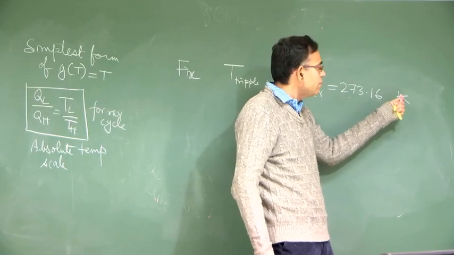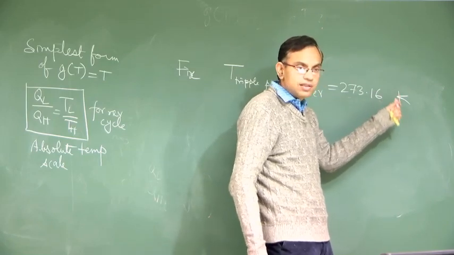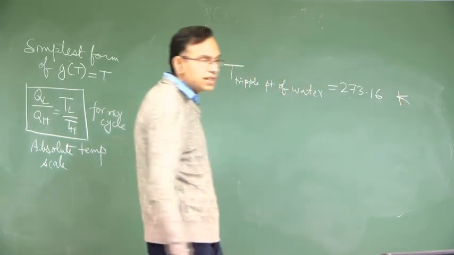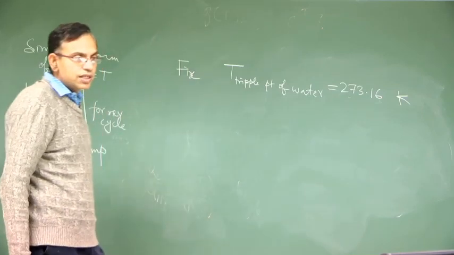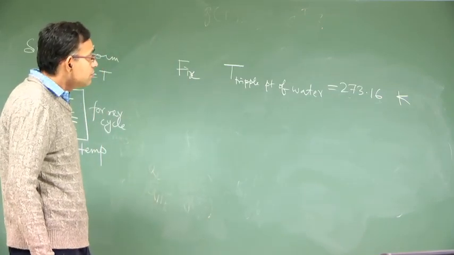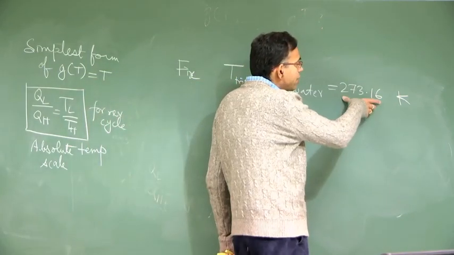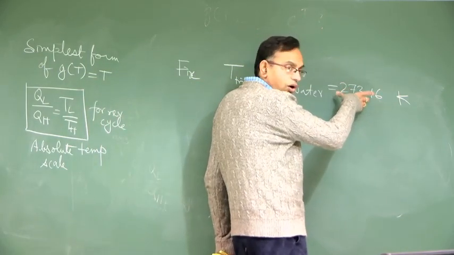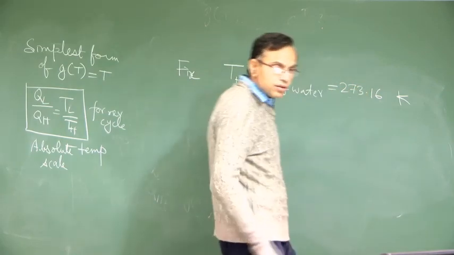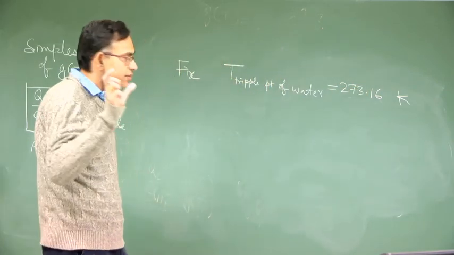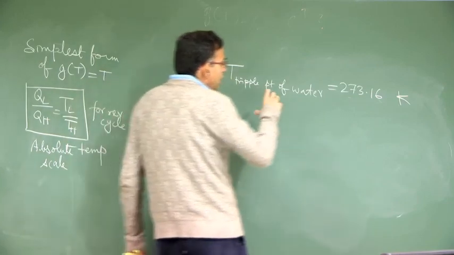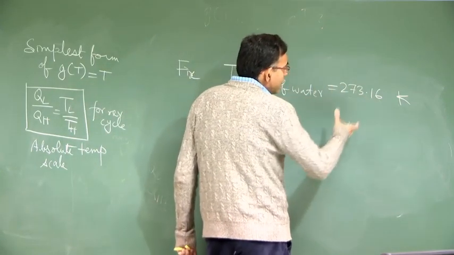Remember, normally with Kelvin we do not write degree Kelvin, it is just K, that is the SI way of expressing Kelvin. So, then 1 Kelvin is 1 by 273.16 of this value.